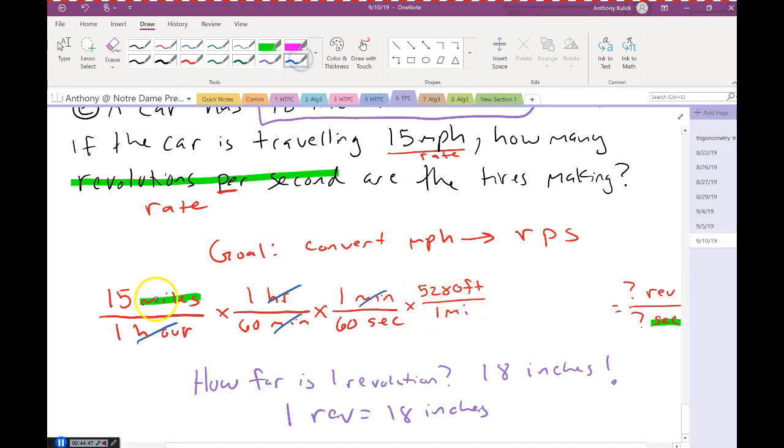Okay. So there, miles have canceled and we're left in feet. But what unit do we want to be in? Inches. So we need one more conversion here before we can use that revolutions conversion. How many inches are in a foot? 12. And now I can use that, I get 18 inches to 1 revolution.